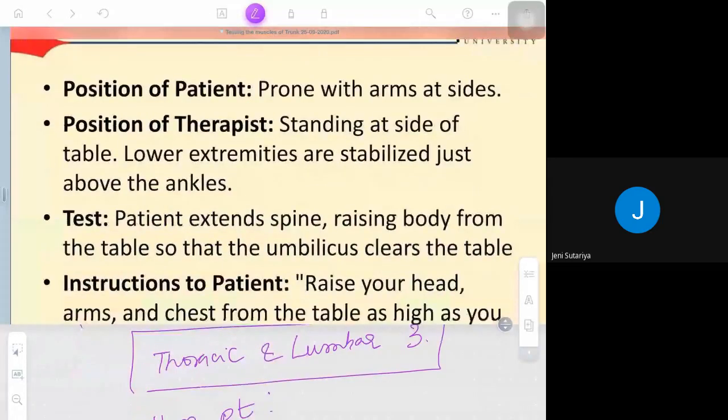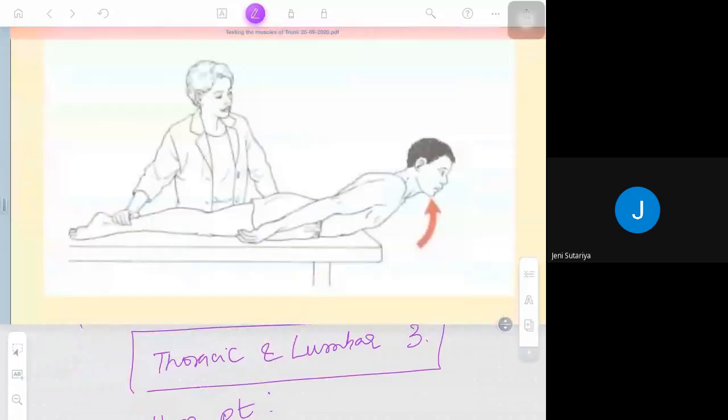Now you first see the position. Clear? This is the position of the patient. This is the position of the therapist. First you see the image, then we will discuss. Observe the image. This is for grade 3, lumbar and thoracic.